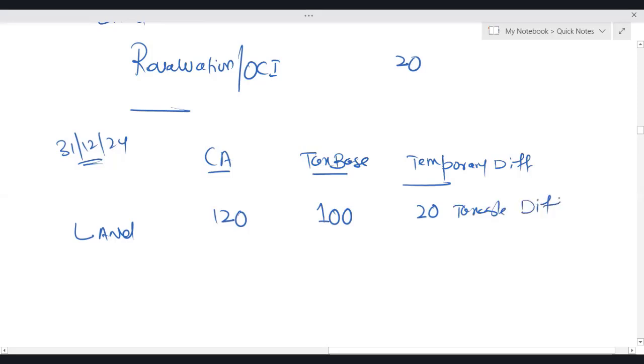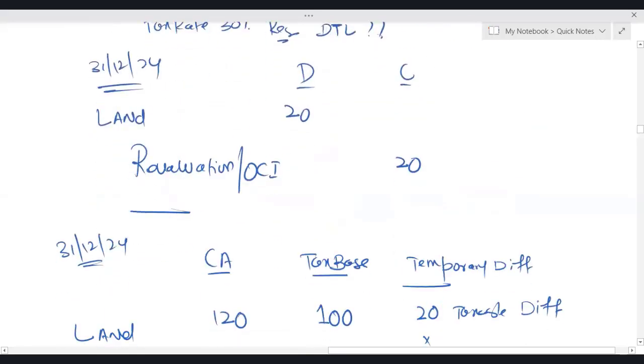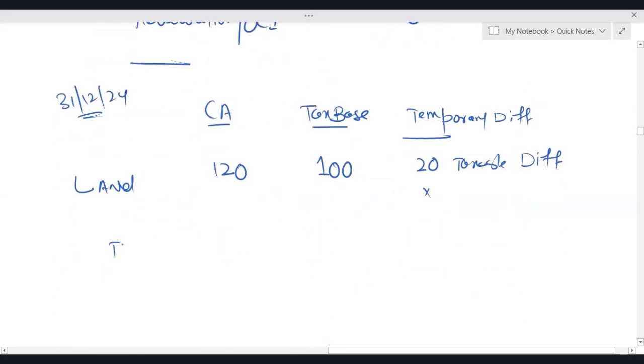Taxable difference multiplied by tax rate. The tax rate is 30%. So the deferred tax liability is 6 million.